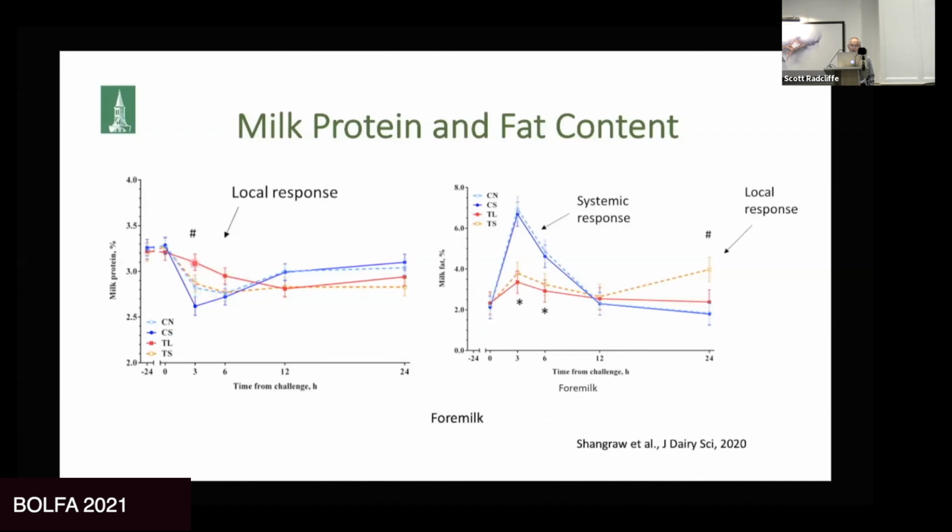But for the fat content, you can see a systemic response during the first 12 hours. There is a jump of lipid content, but not much seen in the control animal. So you can see the different systemic and local effects on different milk components, okay?